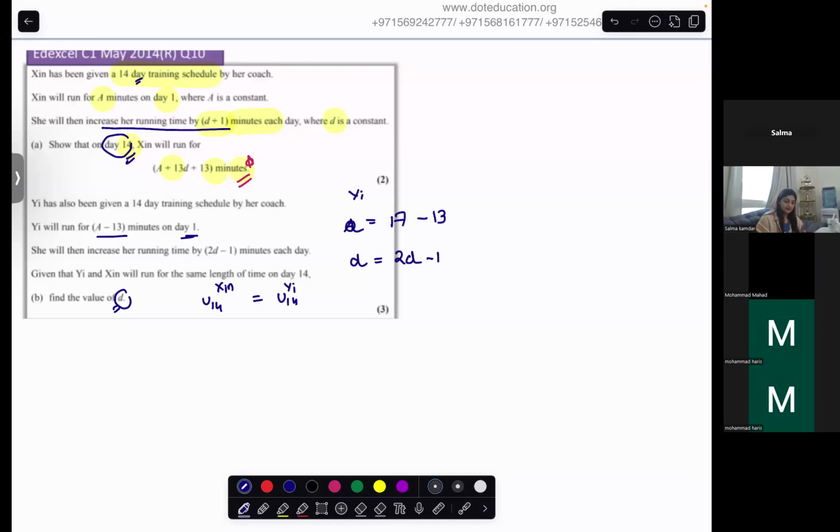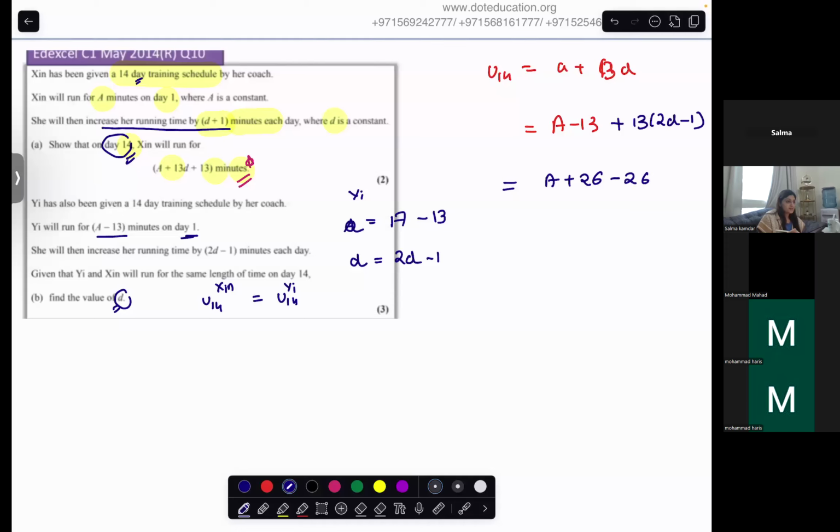First we make the equation for U14. Which is going to be A minus 13 plus 14 minus 1 into, and the D would be replaced by 2D minus 1. So this is going to become A plus 26D minus 26.